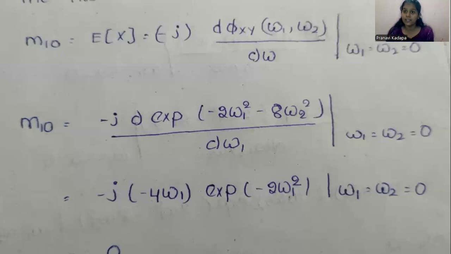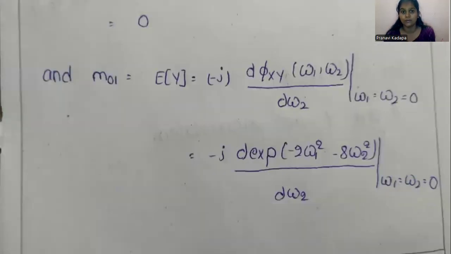By differentiating the given characteristic function, we get minus j of minus 4 omega 1 exponential of minus 2 omega 1 squared, where omega 1 equals omega 2 equals 0. And then we get 0.